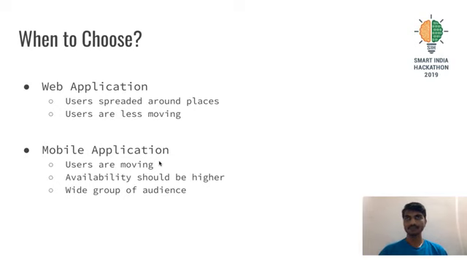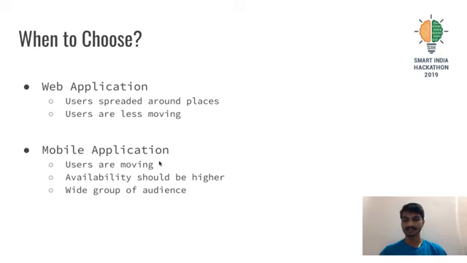So when do we go for a mobile application then? When compared to web application, mobile application users are more mobile and they need the application every time. For example, we are creating an application which helps the user to transport, so the user cannot carry their laptop or desktop with them everywhere they go. For those kinds of applications, it's better to create a mobile application so that they can carry their mobile everywhere.